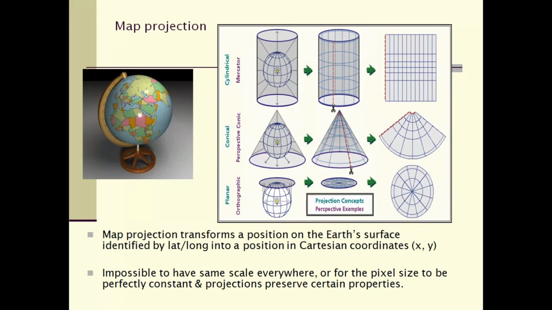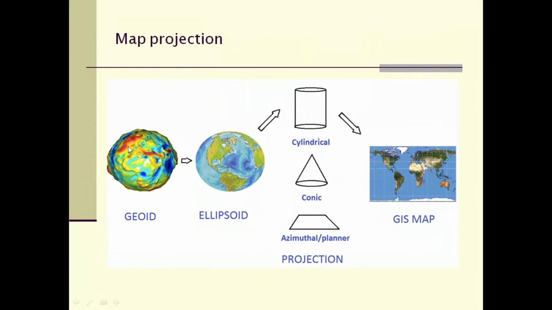So that is the whole concept behind GIS. You have a geoid, it is converted into an ellipsoid, and then using different projection systems, cylindrical, conical, and azimuthal, you have a GIS map. Okay, this is the main principle behind the GIS map, how it is converted from an ellipsoid surface to rectangular coordinates.